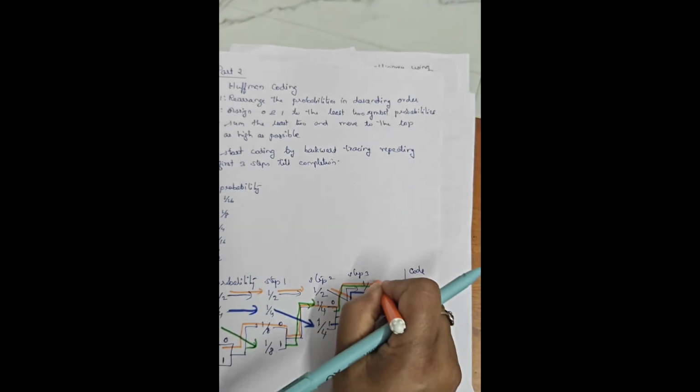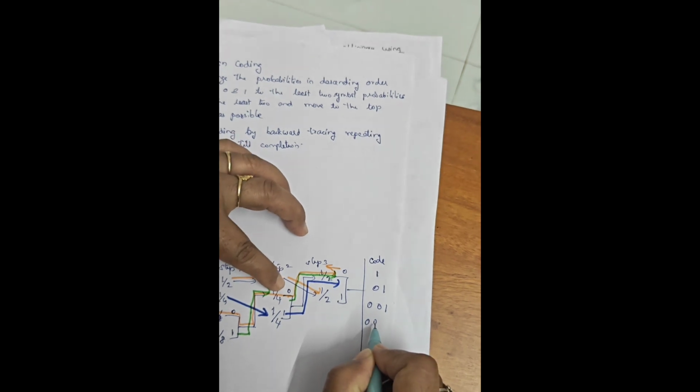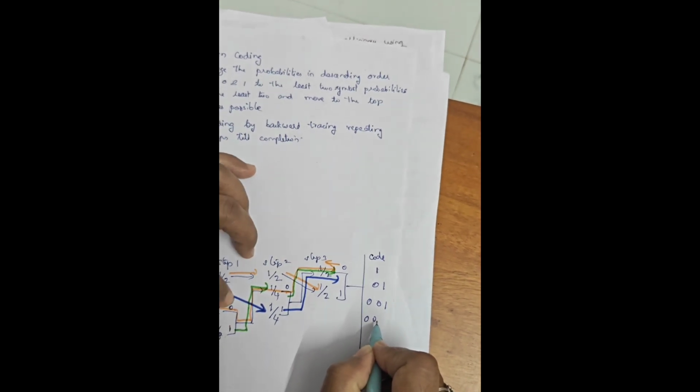Backward tracing. So trace it from here. 0. It goes to the next level as 0, and here again it comes to this 0, and again it is a 0. And the last one here starts from here, it goes like this.